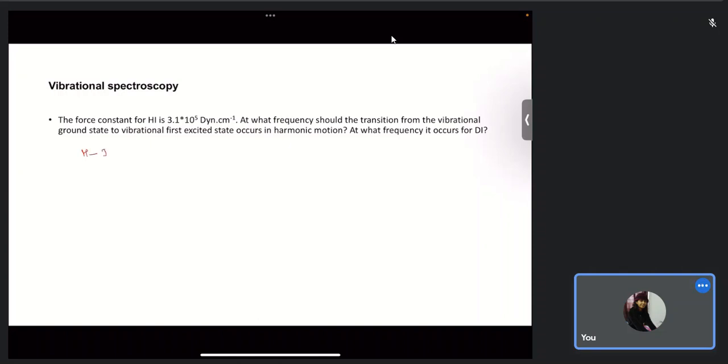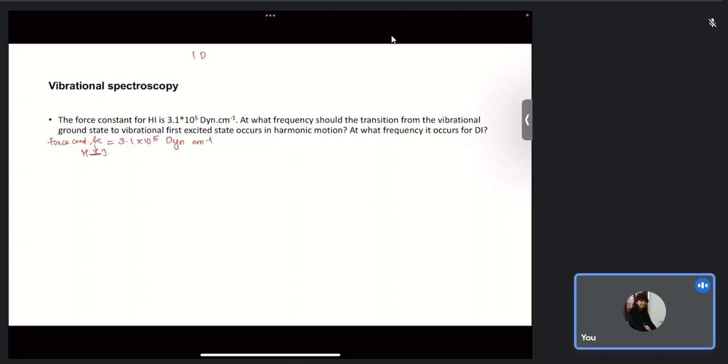So we are looking at this particular molecule, HI. We have been given the force constant K for this particular bond, which is equal to 3.1 into 10 to the power 5 dyne centimeter inverse.